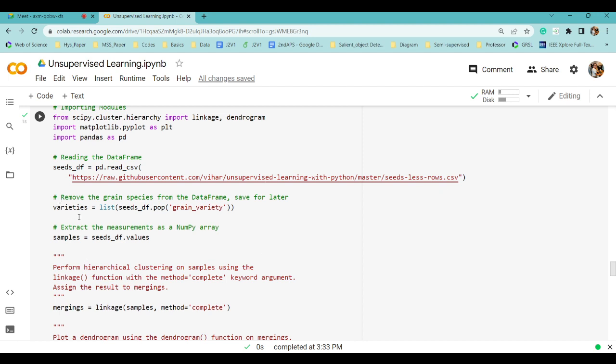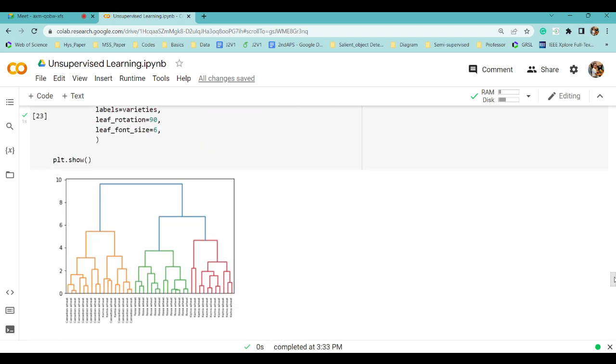The grain variety is my output, and all the other information related to it is my input. I'm taking varieties and extracting seed values.